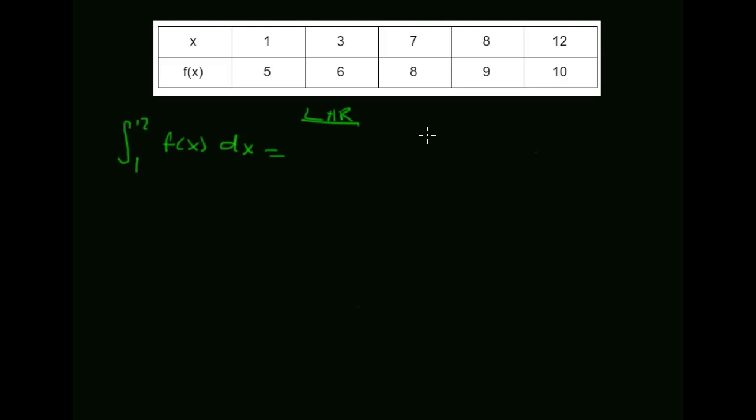Okay, so if I look at things, maybe I could draw a bit of a picture here. So here are my axes. There's 1, there is 3, 7, 8, and 12, right? So if I'm using the left hand estimations, I want to use the value 5 for 1.